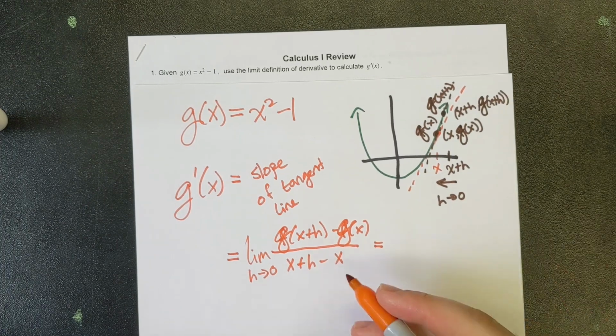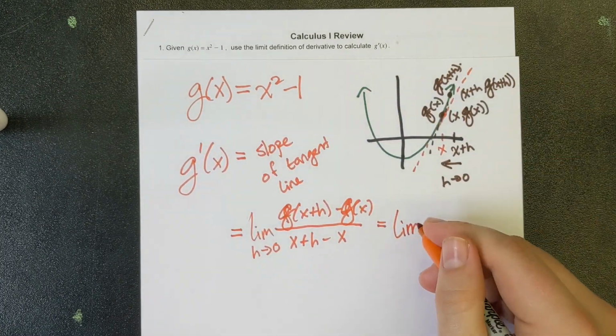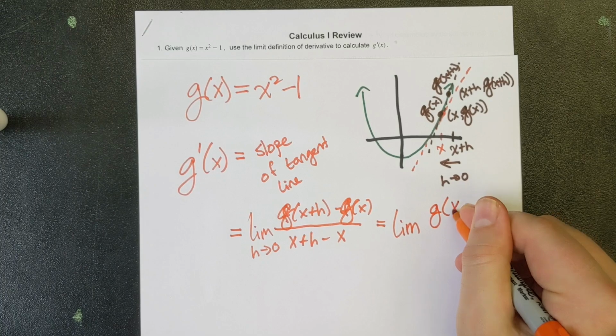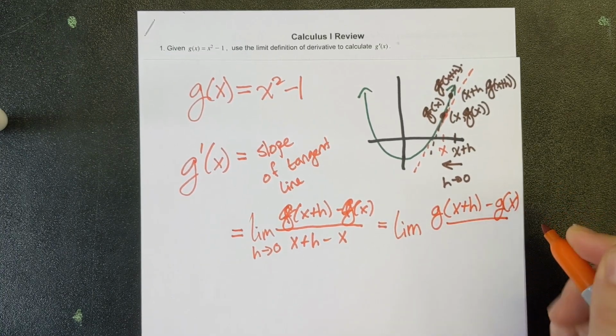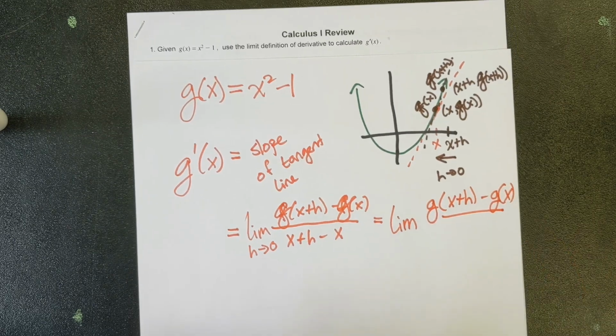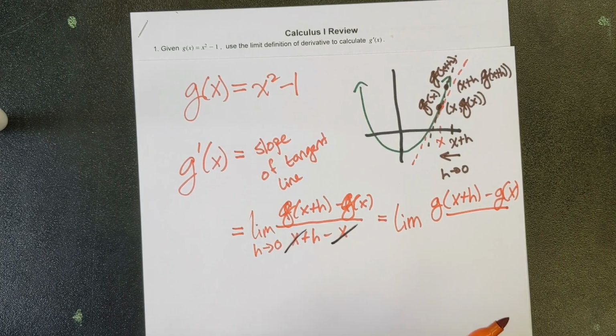Okay. So this just becomes the familiar formula that your derivative is the limit of g of x plus h minus g of x all over, if you have x plus h minus x, the x's cancel, leaving you with just h.